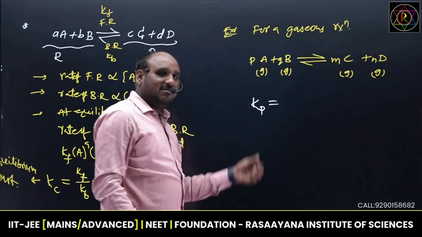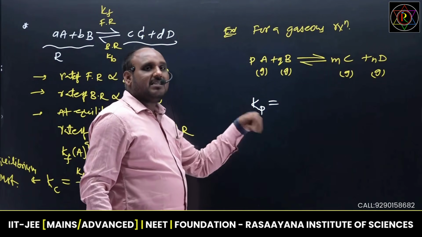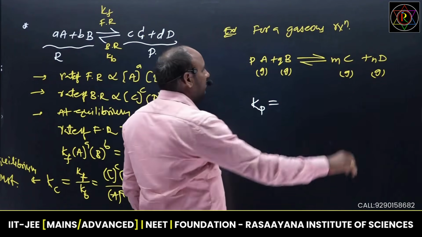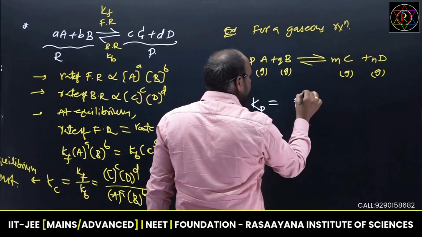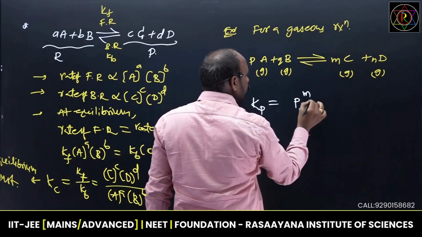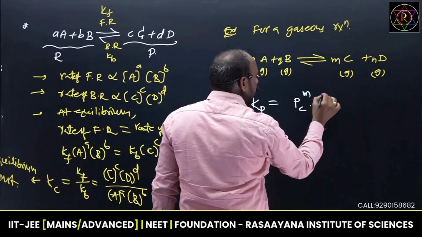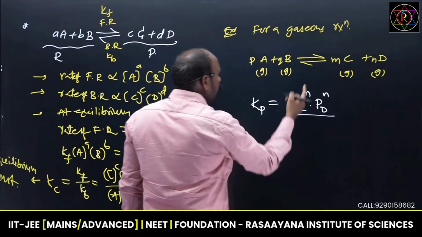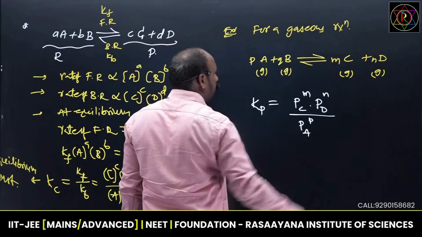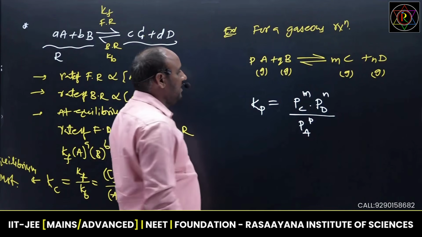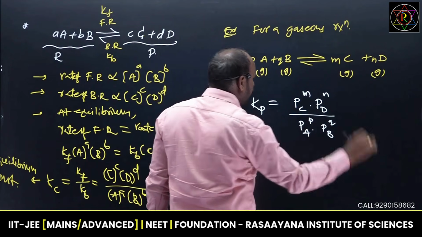Kp is the equilibrium constant. The reactants and products are expressed in their partial pressures. Therefore, it is the product's partial pressure of C to the power m, this is the coefficient, into partial pressure of D to the power n, its coefficient, divided by partial pressure of reactant A, whose power will be p, and partial pressure of B, whose power will be q.